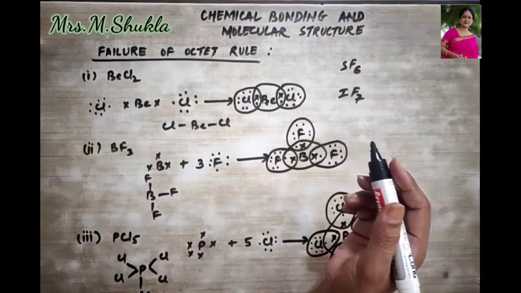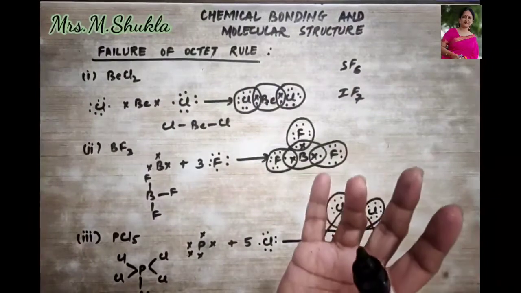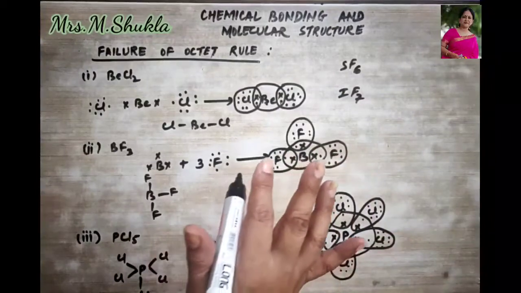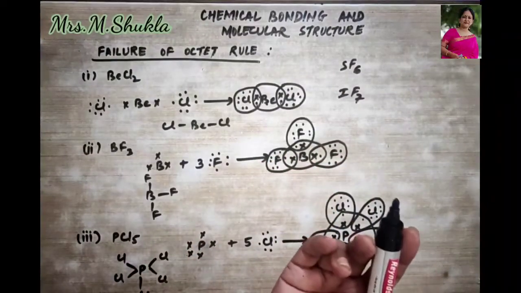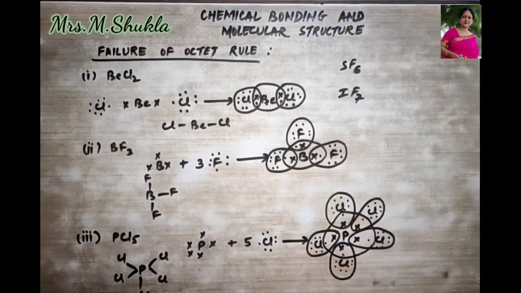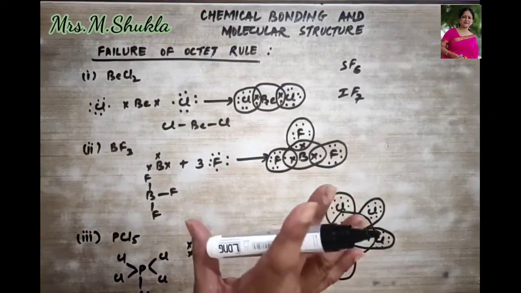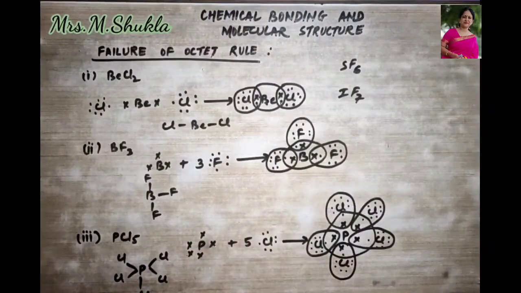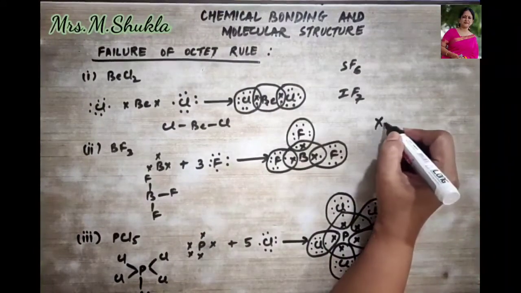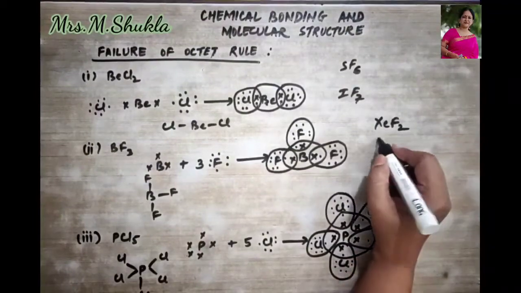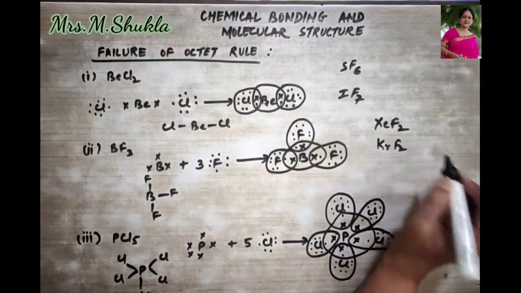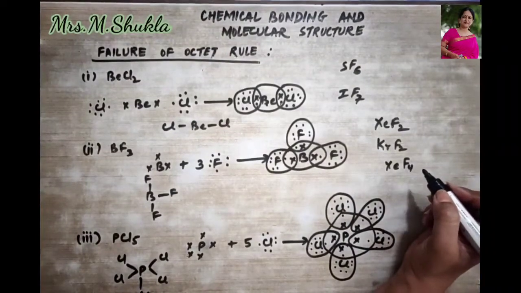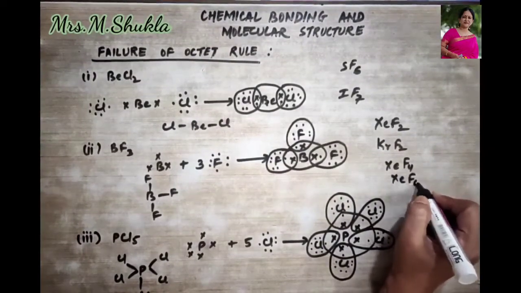Some more examples are the formation of compounds of noble gases. These noble gases already have a complete octet in their valence shells, so they should not have the ability to form compounds. But xenon and krypton combine with fluorine and form compounds like XeF2, or even krypton fluoride, or xenon tetrafluoride, or even xenon hexafluoride.